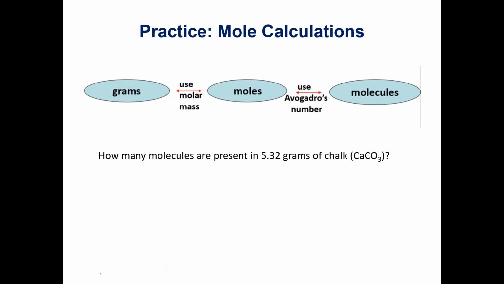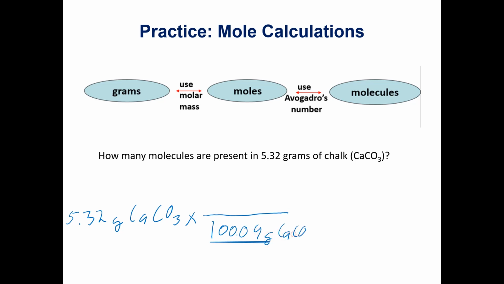So let's try one more here. This time we're going to go from grams to molecules. So if we start with 5.32 grams of calcium carbonate. Now we calculated a few slides ago what the molar mass of calcium carbonate was. We said that that was 100.09 grams per mole. So since we start with grams, we need grams on the bottom of the next step in order for the grams to cancel out.